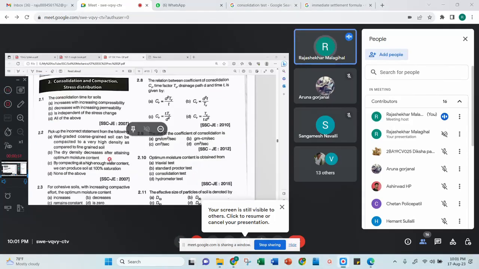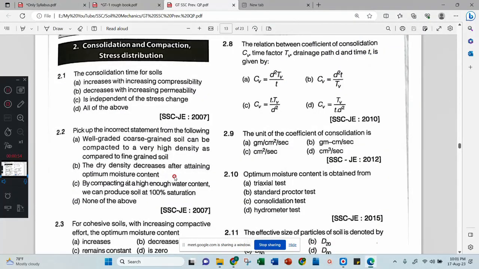We'll start the first question. Consolidation time of soils increases with increasing compressibility.